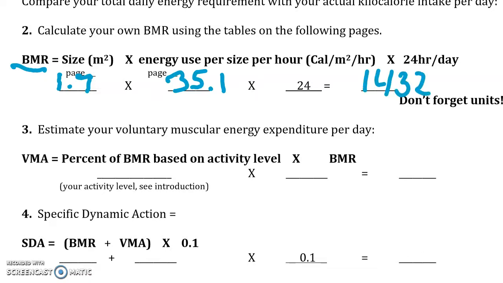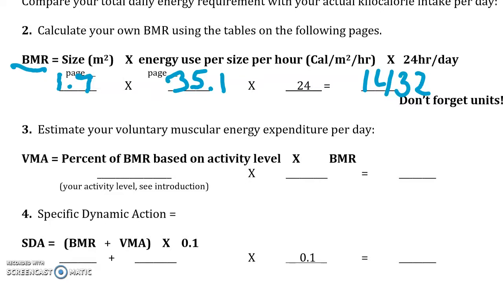So that number says that based on your overall size and your gender, you need 1,432 calories just to stay alive. Even if you don't do anything, you need that amount of calories per day to give your body what it needs to stay alive.